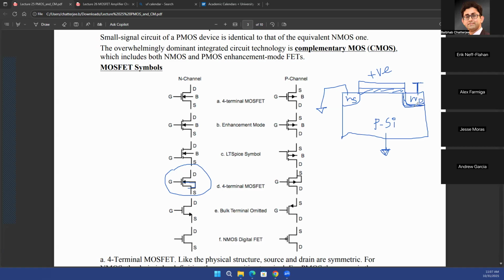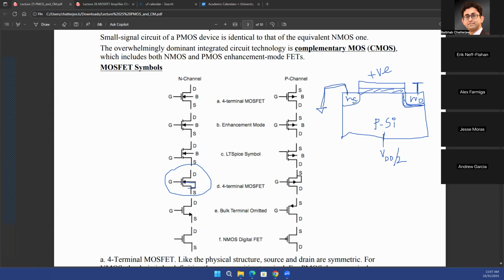On the other hand, if you had made that junction forward biased, let's imagine for a moment that I am applying anything other than ground potential here. Let's say I apply VDD over 2. If my VDD is 5 volts, I'm applying 2.5 volts on the p-type silicon. Now your source, the n-type silicon, is grounded.